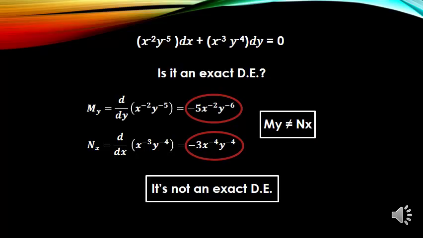And in the second part, we have the derivative with respect to x of x^-3 multiplied by y^-4. Here, both derivatives are different, so it's not an exact differential equation.